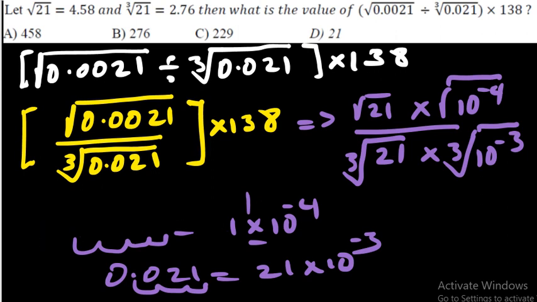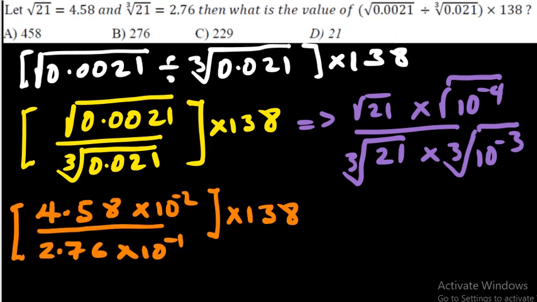Then the next step, you can extract from the square root and the cube root systematically. This part, radical 21, is given already, 4.58, I wrote it here. And for the square root of 10 to the power of negative 4, the exponent will reduce by half: negative 4 becomes negative 2 when you take it out of the square root.